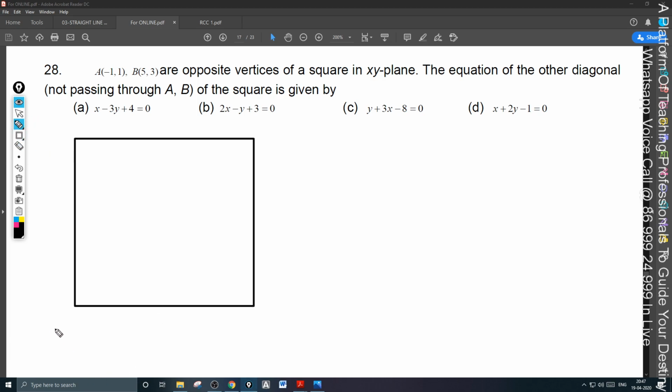This is A, B, C, D. What is the data given? A is minus 1, 1. Opposite vertices of the square in the xy plane. Opposite vertices, please.